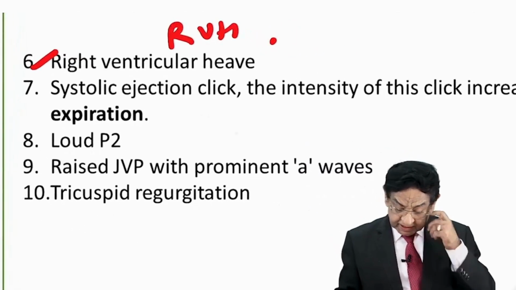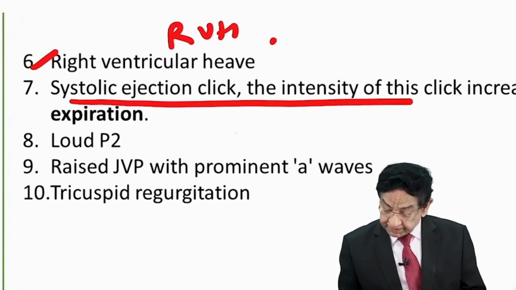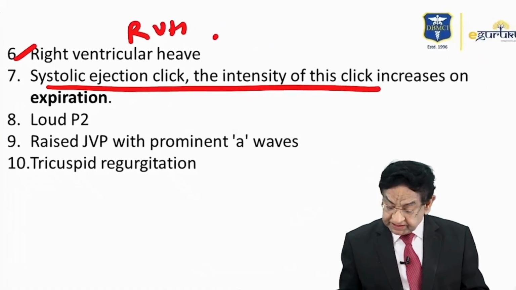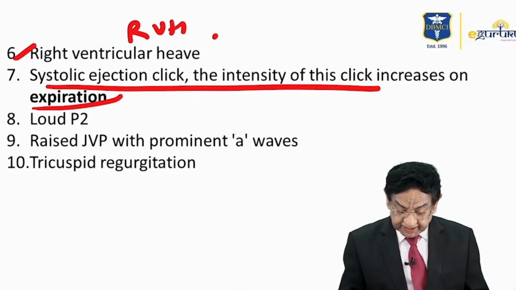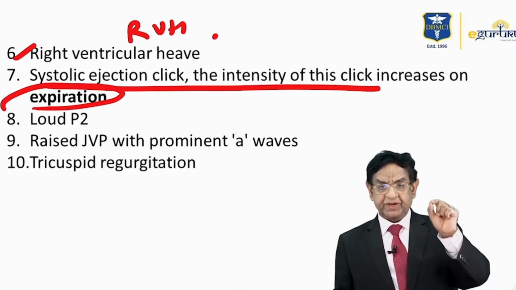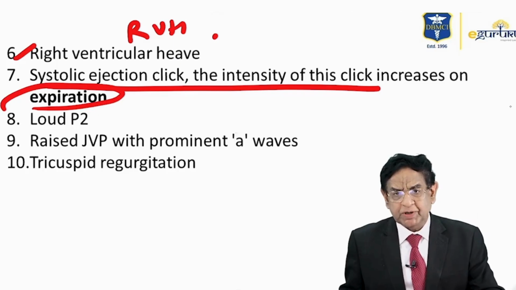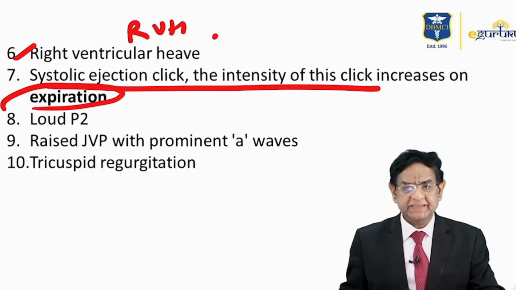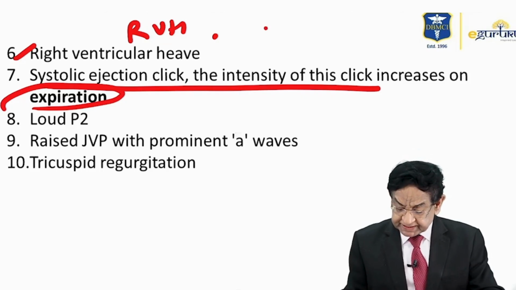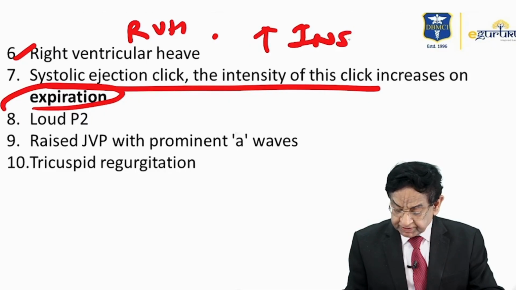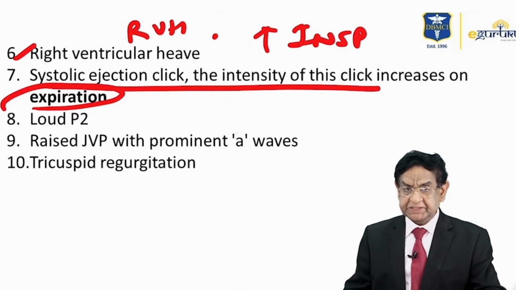Systolic ejection click will be there. And the intensity of this click increases on expiration. This is a very, very important point. Why is it so important? Because it is a right-sided sound. Normally all right-sided sounds increase in inspiration. But here we are getting an exception.